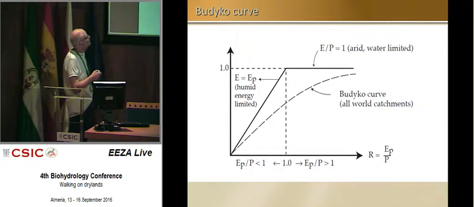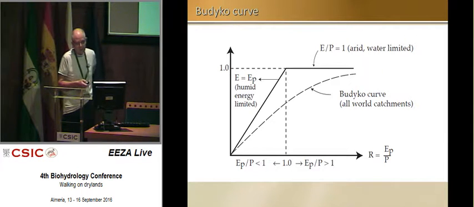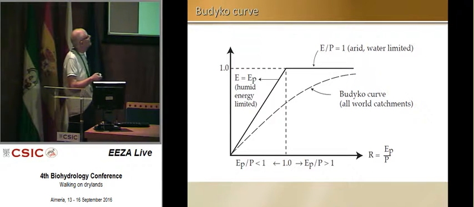So if in this plot we put a lot of watersheds in the world that Budyko took, the points follow this line. It is not exactly this, but in this area the variability is very high. This has a lot of useful results that can be achieved about the behavior of runoff, because in these situations runoff is almost absent, and in this situation runoff is very high.